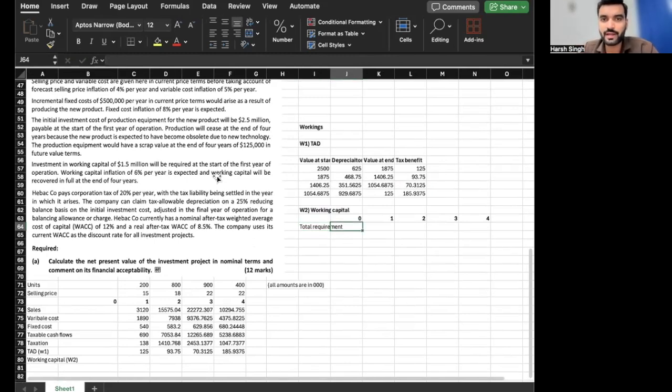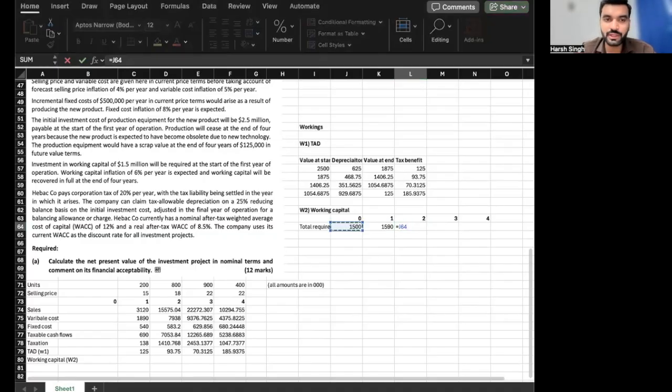So we'll require 1,500 at the start of the first year. Then it will increase by 0.06 raised to the power 1. Then it will increase by this value multiplied by 1.06 raised to the power 2, everyone, right? That's how we are going to increase it.